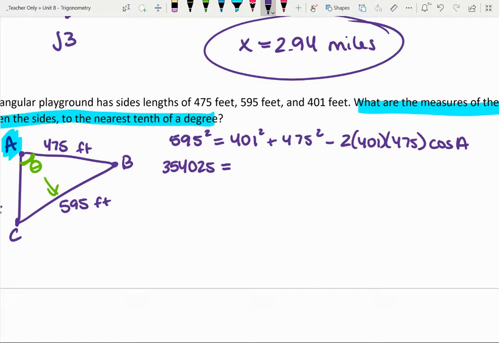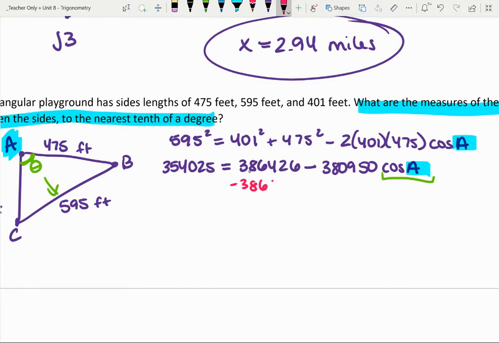And then the sum of 401 squared and 475 squared is 386,426, minus 380,950 times cosine of A. Phew. So we want to isolate A, right? That's what we're looking at. We want to isolate A, so we need to start by isolating cosine of A. So I'm going to subtract 386,426 from both sides.